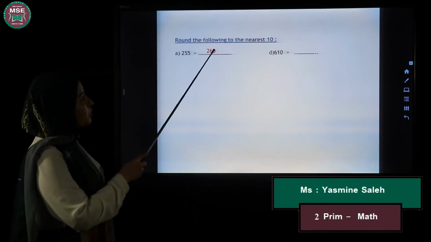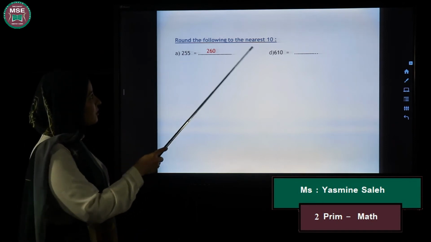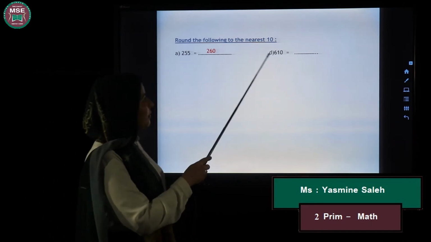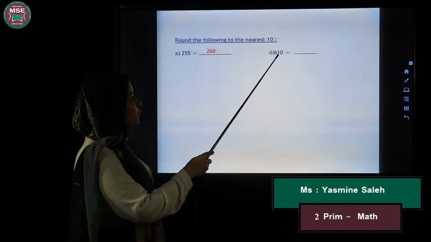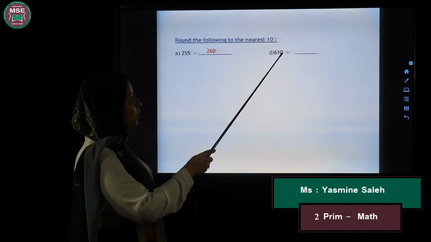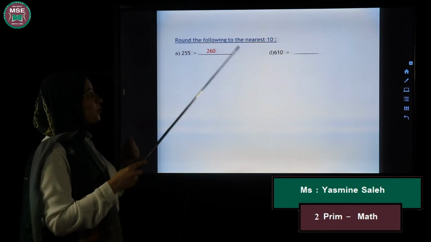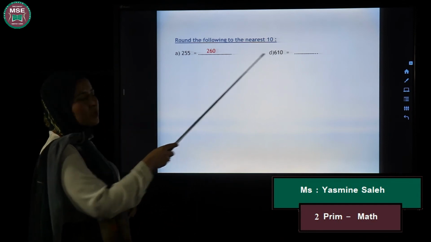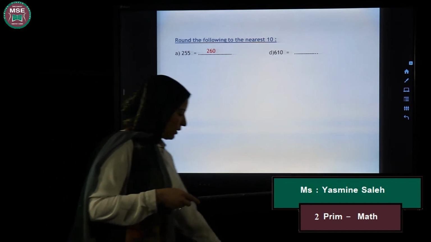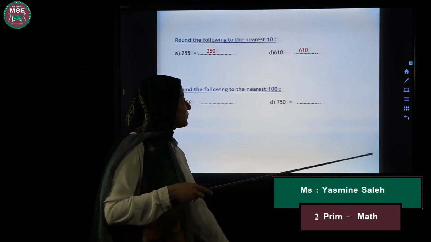For sure my unit will be 0 because it is the nearest ten. Okay, here I have 610. My tens is 1 and its neighbor is 0. If I have the unit 0, 1, 2, 3 or 4, the tens will remain as it is. So it will be 610.